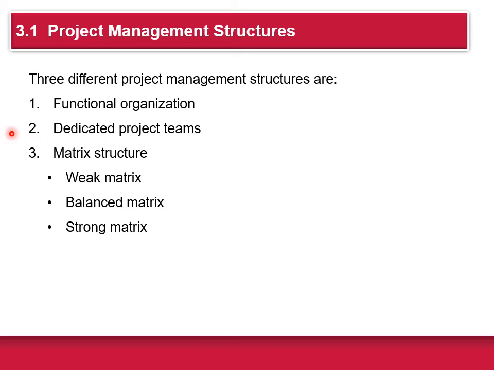A project management system provides a framework for launching and implementing project activities within a parent organization. The matrix structure has 3 different ones: a weak, balanced, and strong matrix. So we'll take a look at each one of these and their advantages and disadvantages.